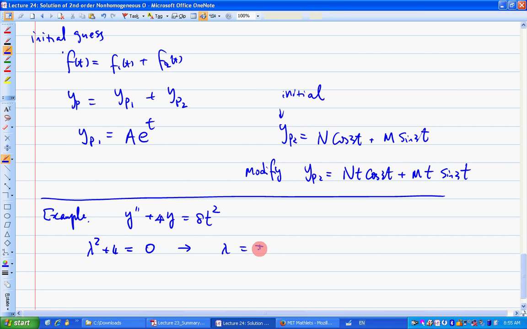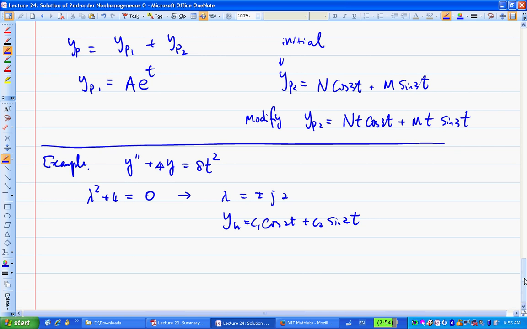It gives us lambda equal to positive and negative j2, which gives us yh. Pretty straightforward. Alright, so this is step 1. Now step 2 is we need to find the yp, right?